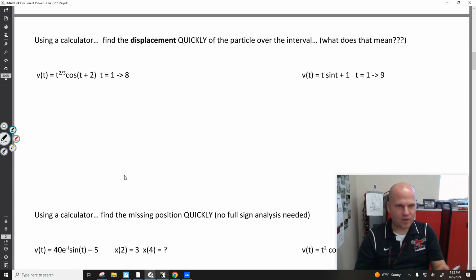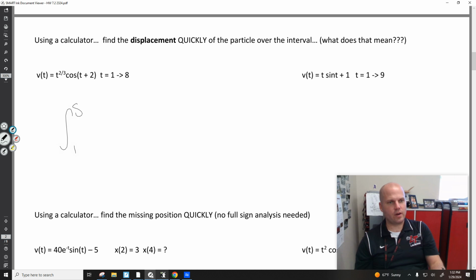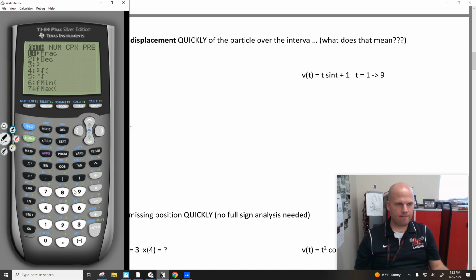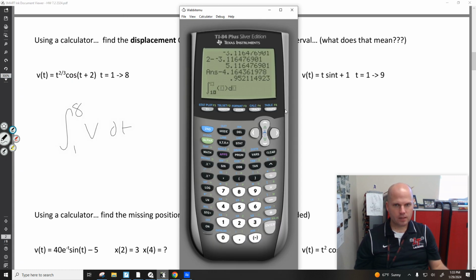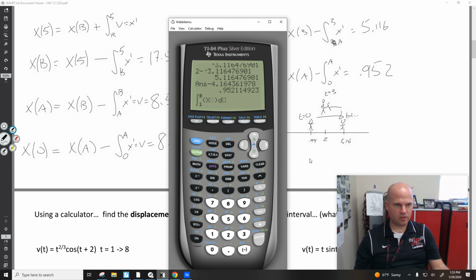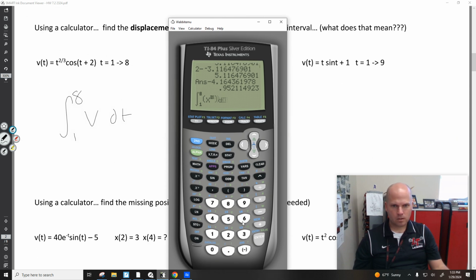If I want to find displacement quickly, I don't have to split it up, that is important. If you ask your calculator to just accumulate without looking at everything, and if I wanted to split this up, I could. And if I wanted to graph this in y equals, I could. Close to being the same thing. But understanding that if you accumulate everything, your calculator is going to add all the positive displacements, subtract all the negative displacements.